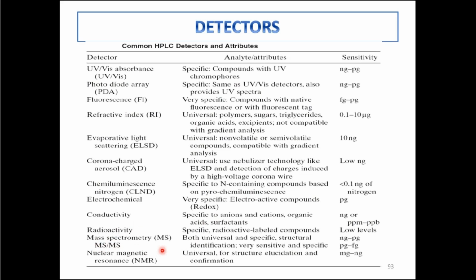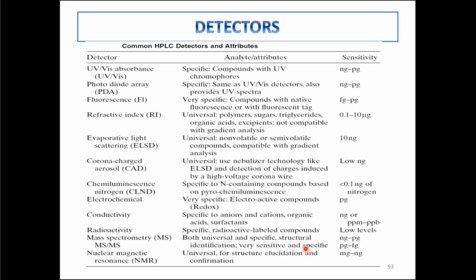Mass spectrometer, highly useful, very efficient detector, but makes HPLC more expensive. You could have a single mass spectrometer as the detector, or you could have a tandem mass, MS/MS detector. So both universal and specific, these detectors are able to analyze almost all compounds.